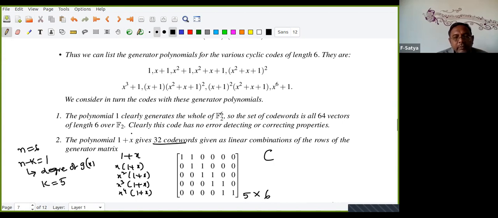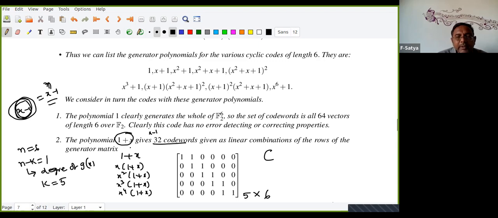Whenever I have this, x minus 1 in particular always divides x power n minus 1. It is always a divisor. When I am working in F2, I wrote x plus 1, but do not write x minus 1 only, so that clarity will be there.